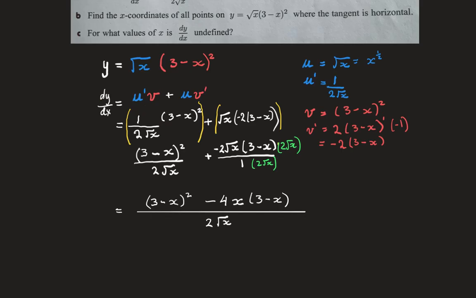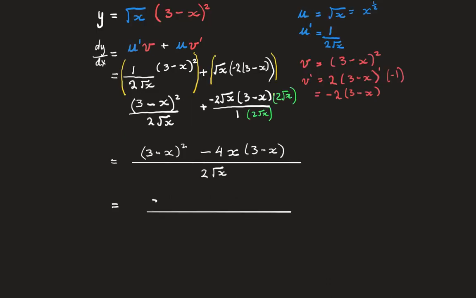The way we want to proceed is to look at exactly what it is that we want to do. They want you to put it as a product of 3 minus x and 3 minus 5x. So I'm looking at my numerator over here, and I want to see how I can get to that particular form. Let me just rewrite this, and you may note that (3 minus x) squared is really (3 minus x)(3 minus x).